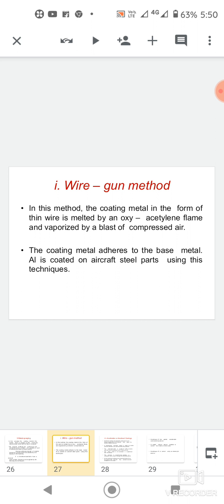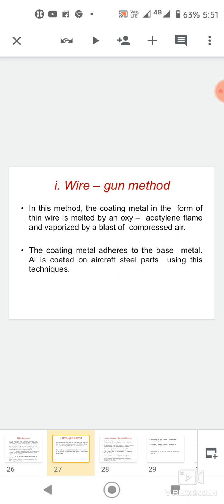In the wire method, the coating material is in the form of wires. It is melted by means of an oxyacetylene flame. The molten metal is fully atomized by using compressed air, and the atomized molten metal spray is projected onto a prepared work surface to form an adherent coating.